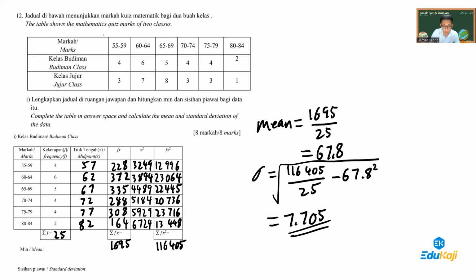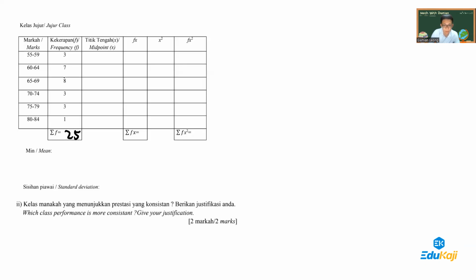Midpoints, same as just now. 57, 62, 67, 72, 77, 82.